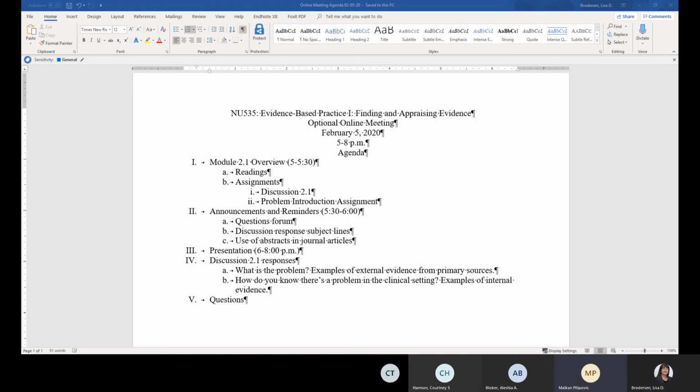Hi, my PICO question was: in adult inpatient mental health patients, how does having time to go outside compare to indoor only groups in depression and anxiety levels over the duration of the patient stay? I think for my internal evidence, a lot of it is personal observations, like talking with patients, having patients just kind of bring it up.